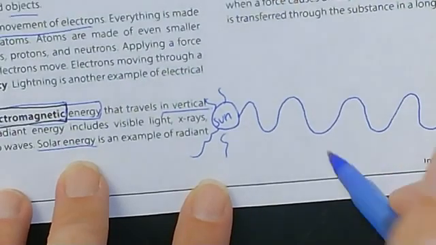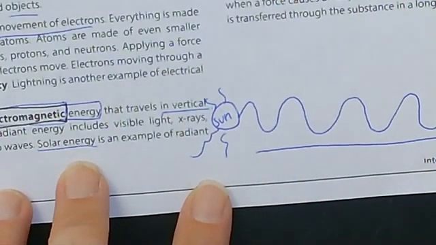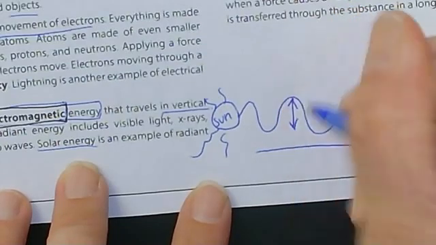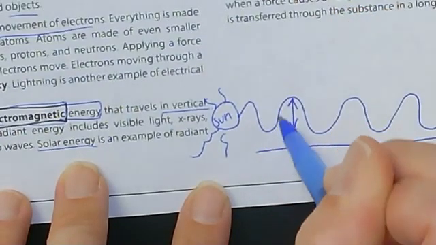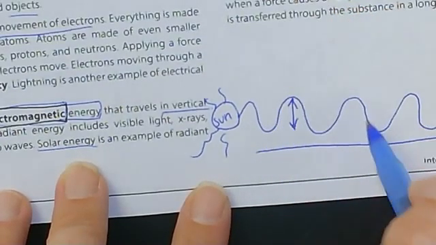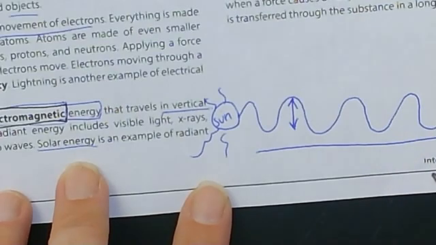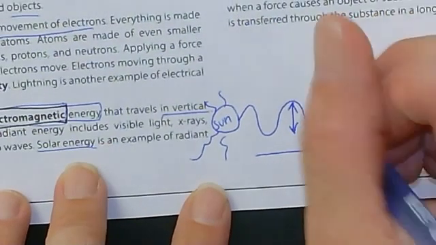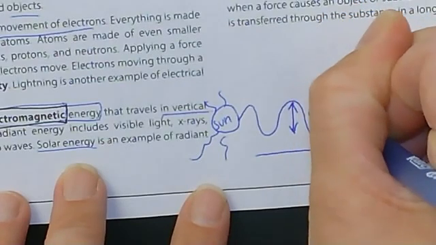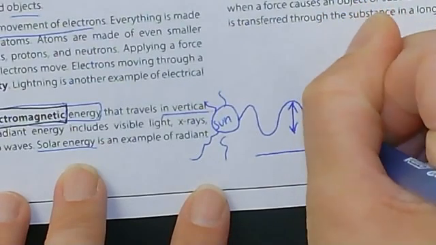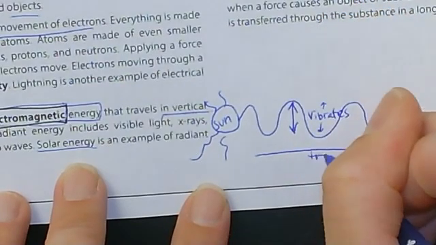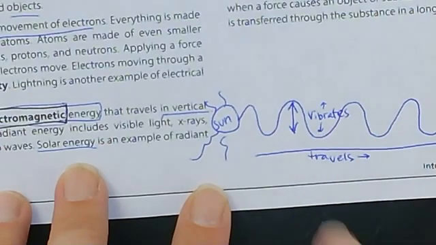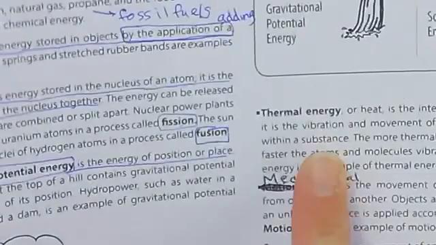The waves are traveling in this direction, and they're vibrating in this direction, up and down, like this, as it moves forward, okay? So we're going to say the wave vibrates this way and travels this way, okay?